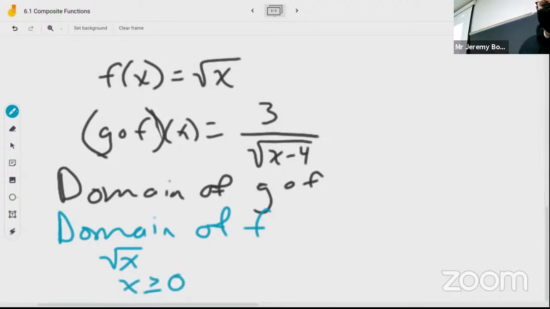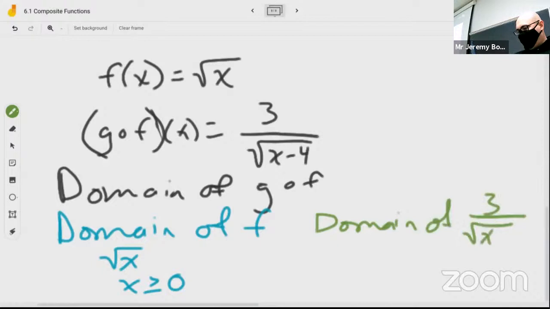Okay. And then after that, we're going to look at the domain of the function we found, which is 3 over square root of x minus 4. How do we find the domain of that one? X minus 4 is greater than or equal to 0.